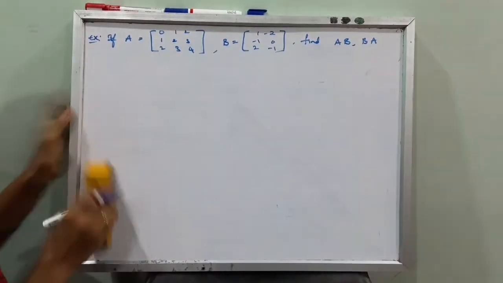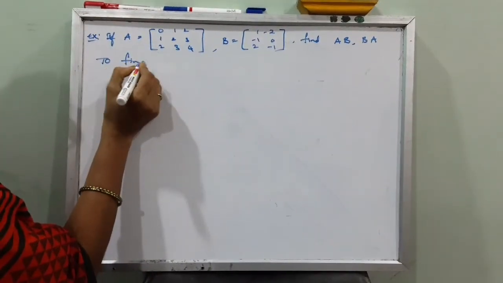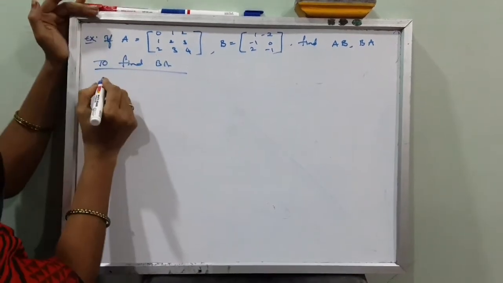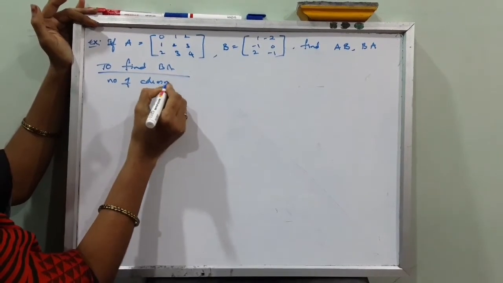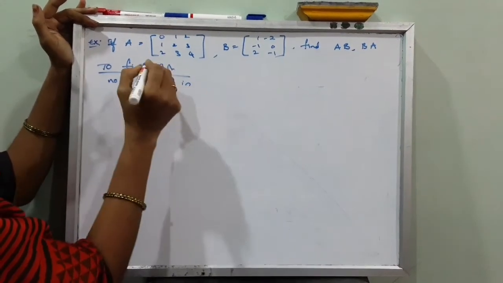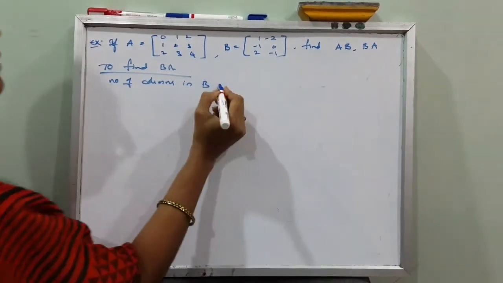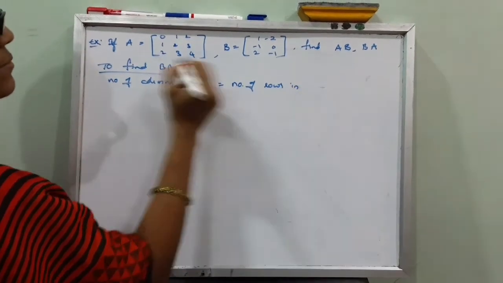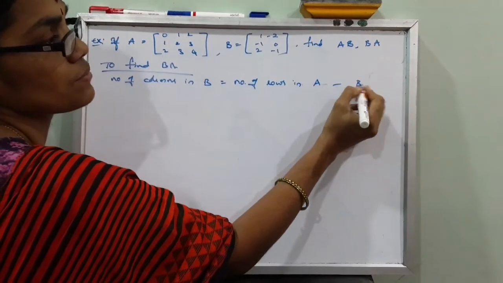To find BA, that is B into A, the condition is that the number of columns in the first matrix, here B, is equal to the number of rows in the second matrix A. Then BA exists.